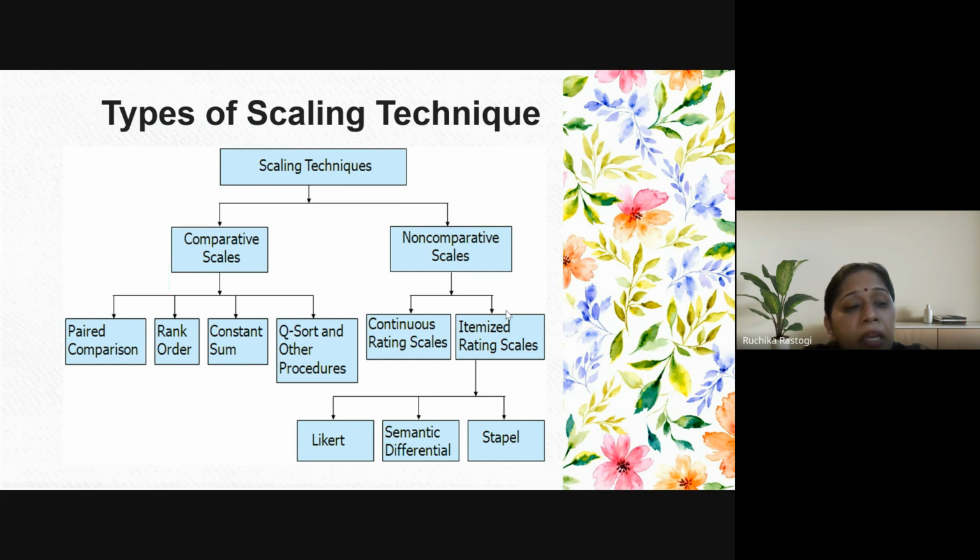I will share some research papers with you in which the scale is not Likert. They have used the Q-sort, continuous rating scales and itemized rating scales, and the papers are published in Q1 Scopus journals. It should be very clear in your mind.